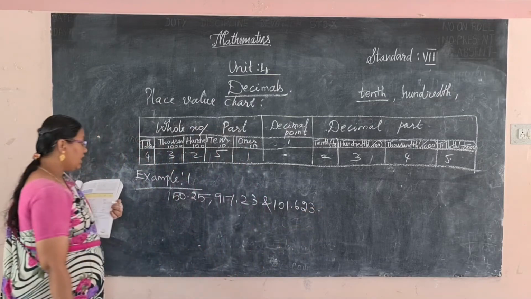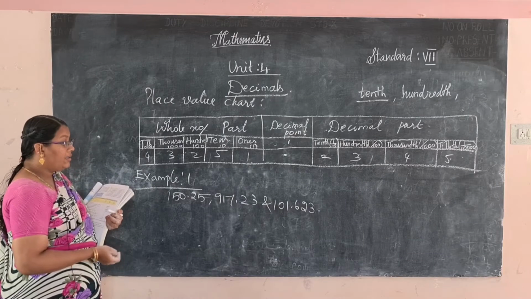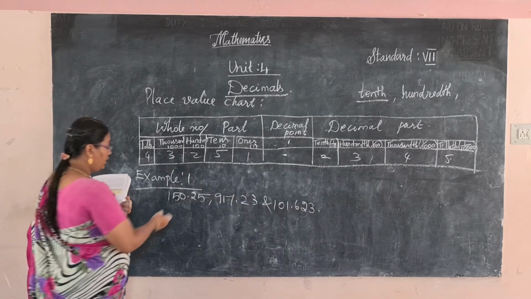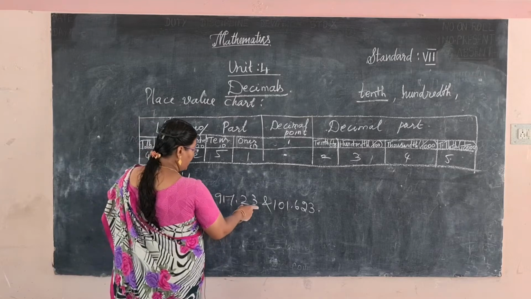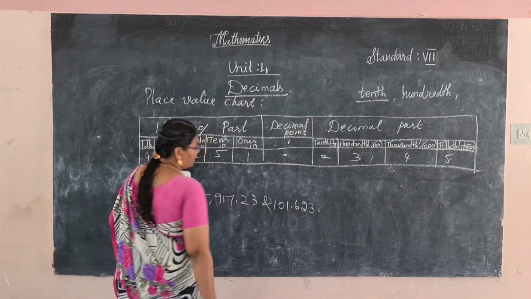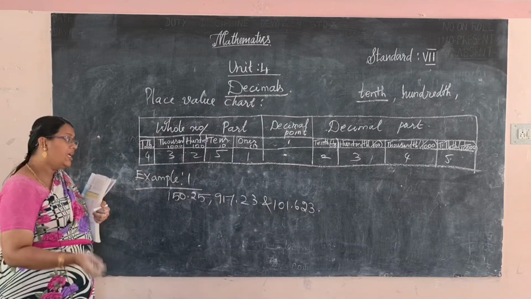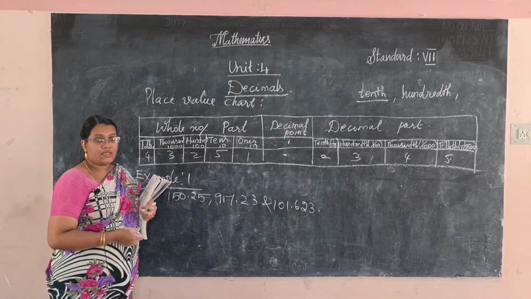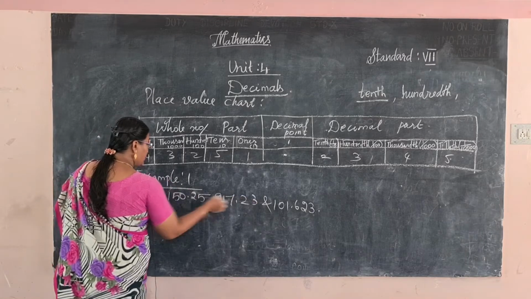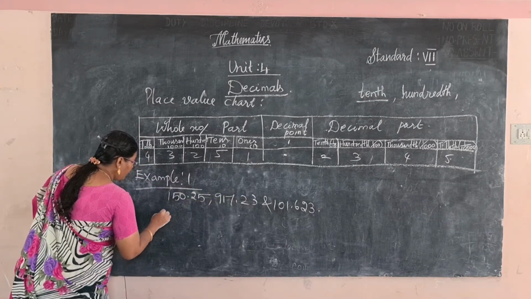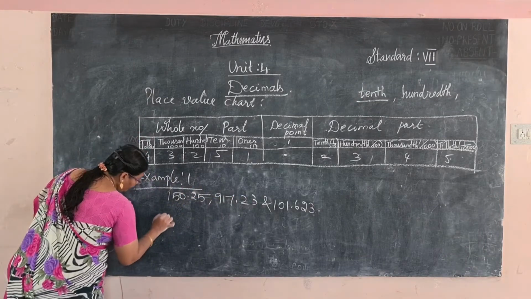Here unlike decimals are given. After the decimal point, two decimal places are there in the first two and three in the last. So first you have to convert them to like decimals by adding 0 to these two numbers.